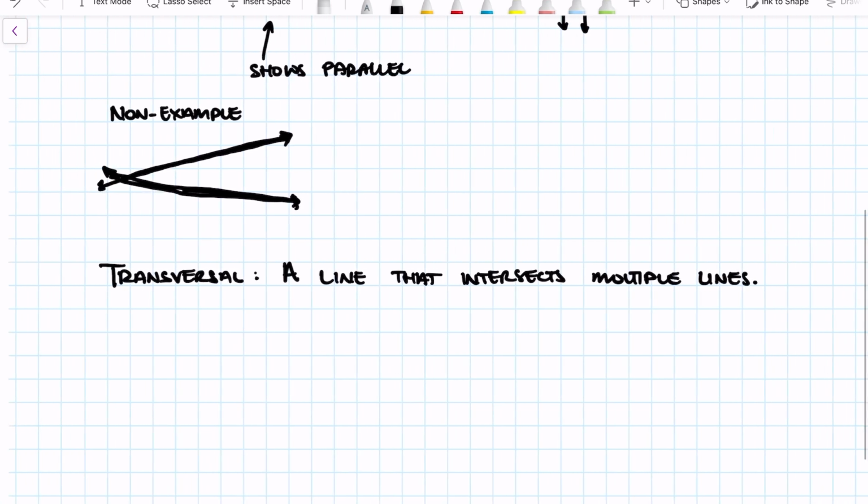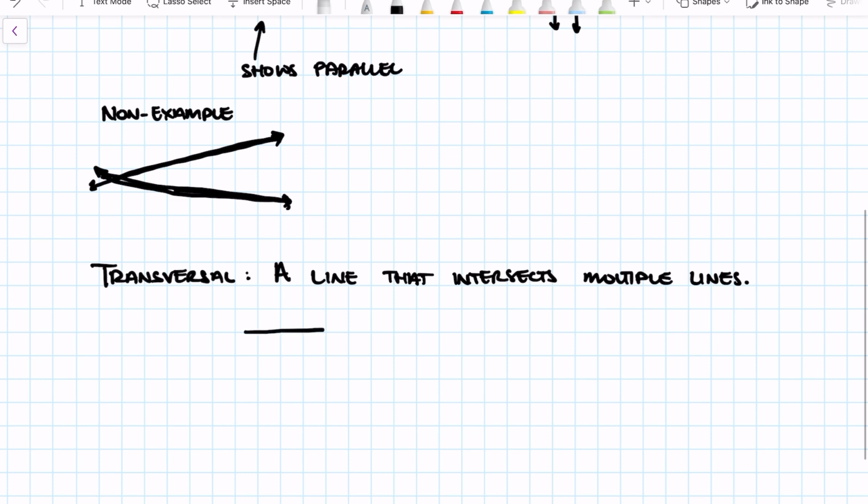So, for example, if we have two parallel lines, let's draw this out. And I have that parallel symbol. Then if I have one line that crosses them, then this is the transversal.